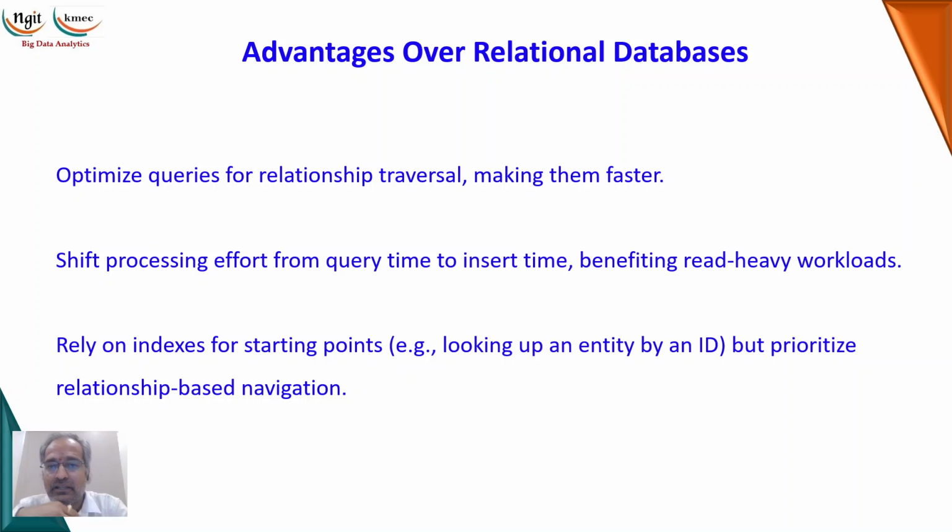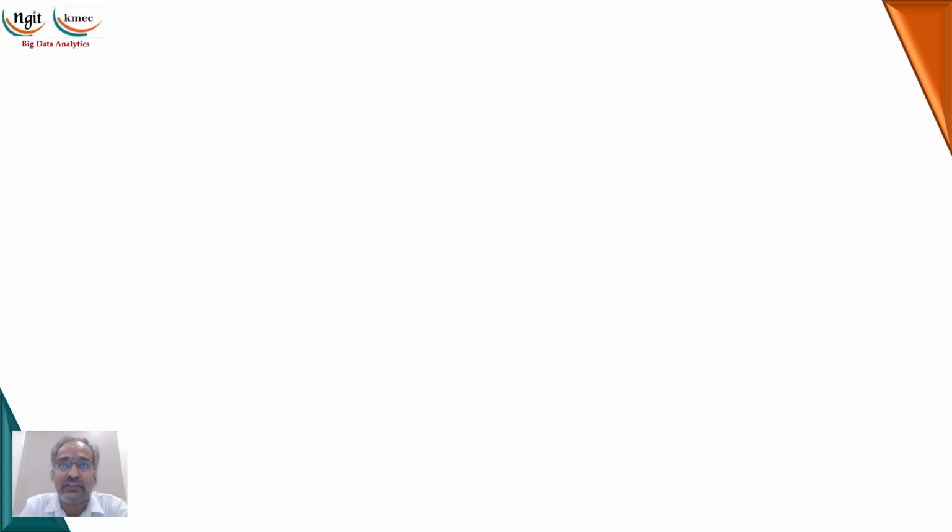It shifts processing effort from query time to insert time, benefiting read-heavy workloads. It relies on indexes for starting points, but prioritizes relationship-based navigation. So all these are various advantages over relational databases.